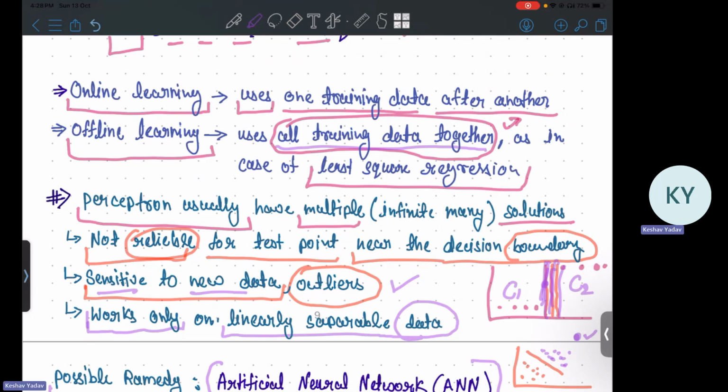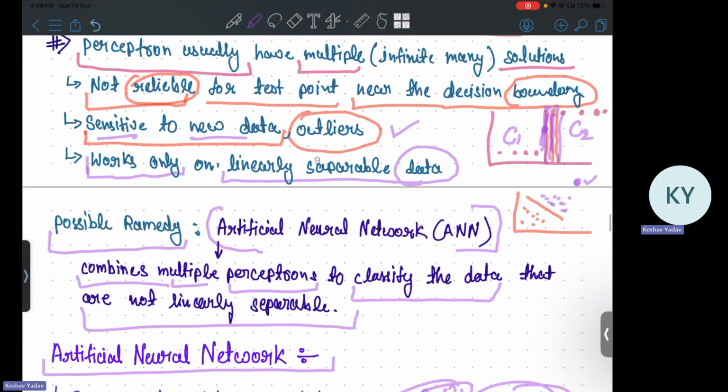And as a machine learning model, it should neglect the outlier, but perceptron uses all the data to compute the decision boundary, so it is sensitive to outliers. Last but not least, the perceptron works only for linearly separable data.